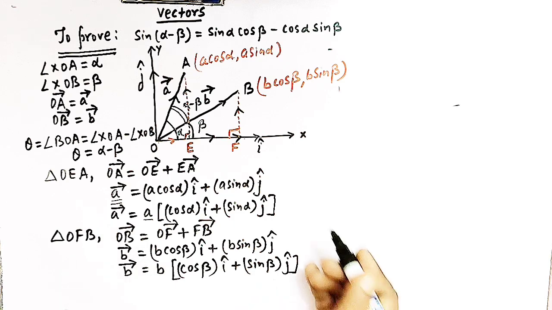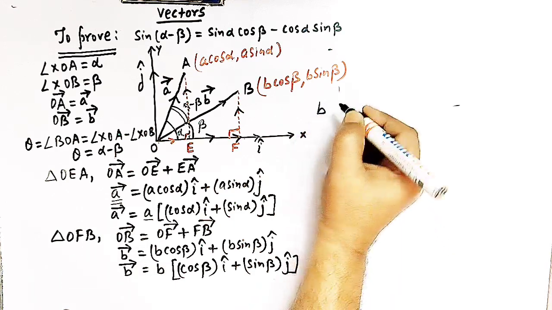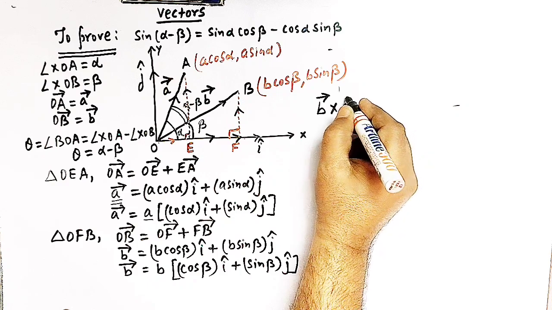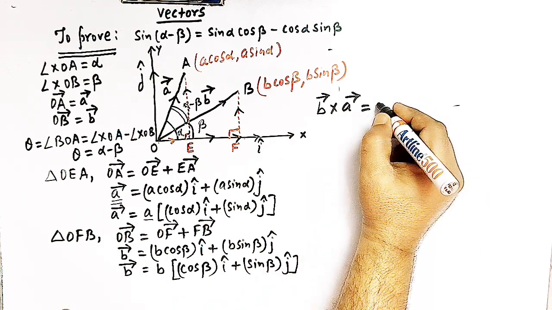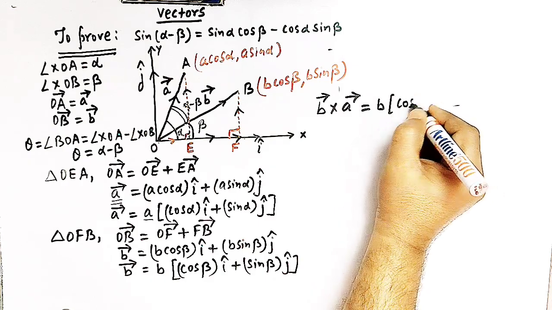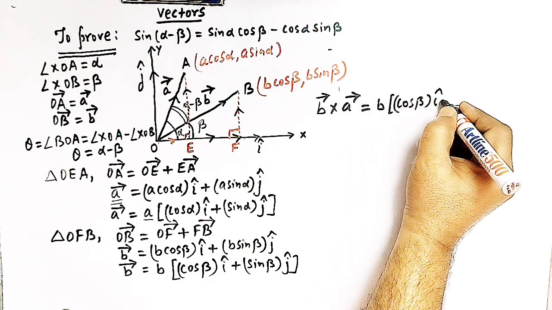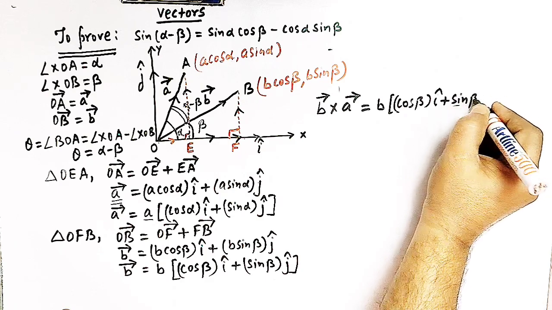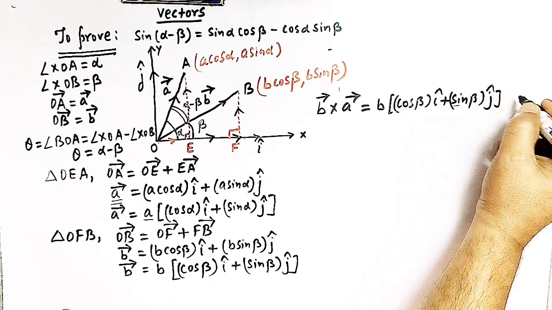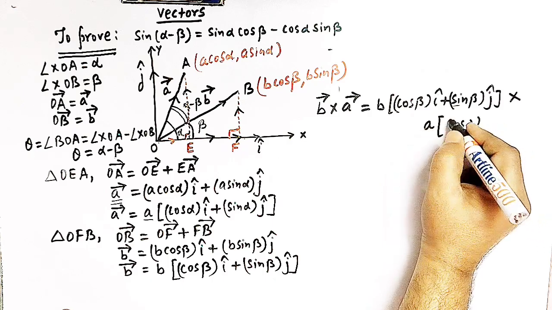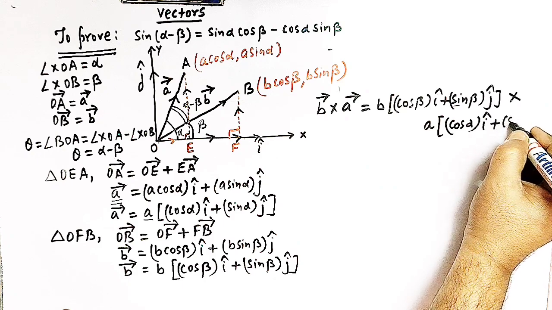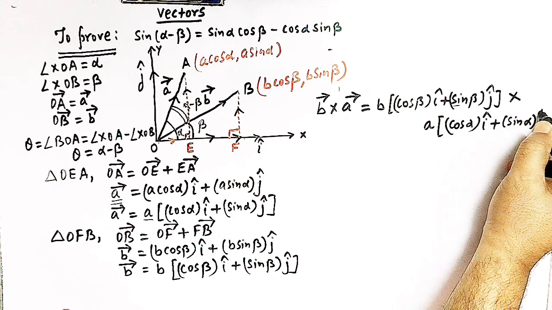So now let us form the vector product, that is B cross A, right? So now let us find out the cross product of vector B and vector A. So here we have B times cos beta I cap plus sine beta j cap, and then we have A times cos alpha I cap plus sine alpha j cap.